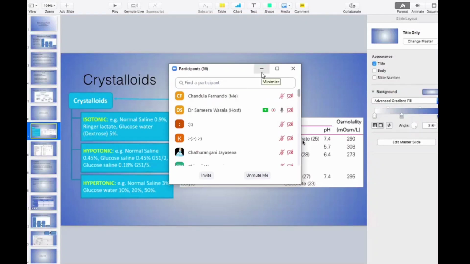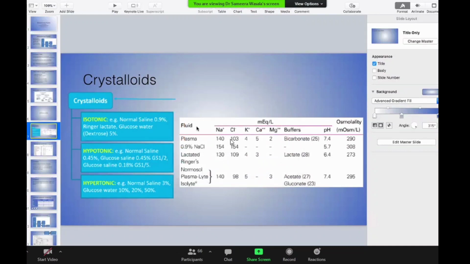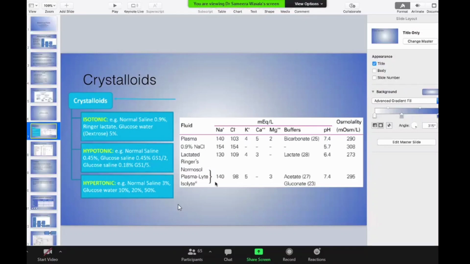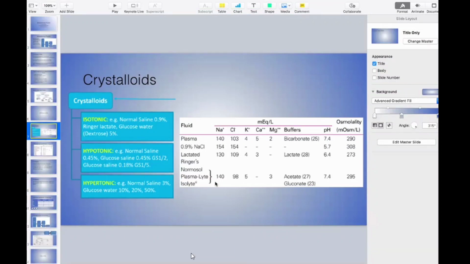This is plasma. If it is an isotonic fluid, the tonicity should be equal to the plasma. There are two basic isotonic solutions: one is normal saline, the other is Ringer's lactate, which is available in your ward. Those are the two basic isotonic fluids.